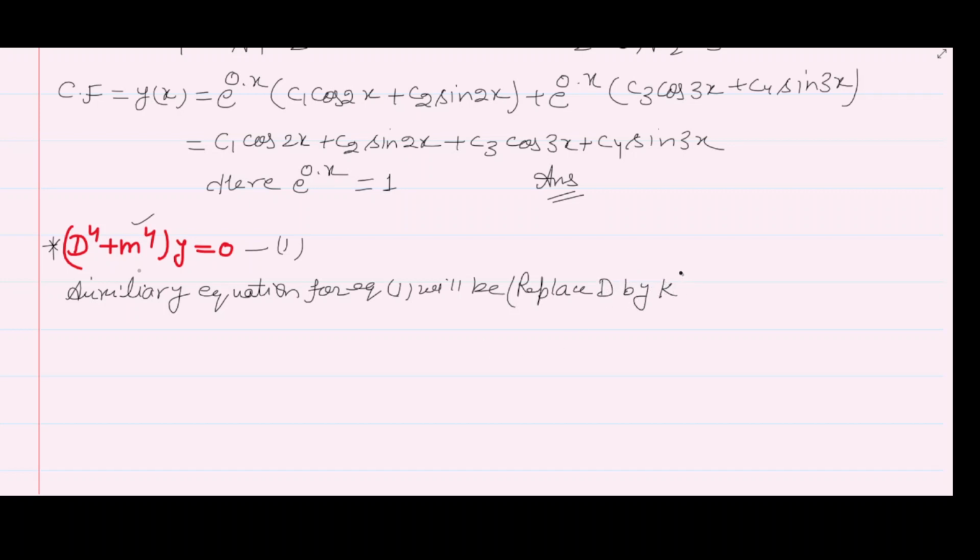So we will replace here D by k, so it can be written as k to the power 4 plus m4 that is equal to 0.